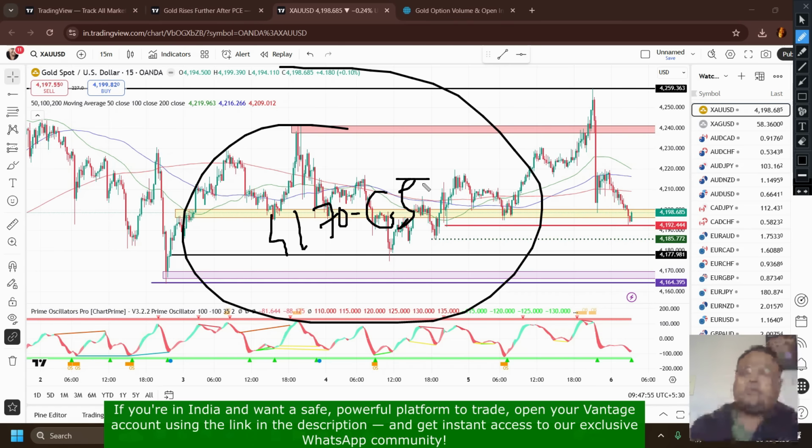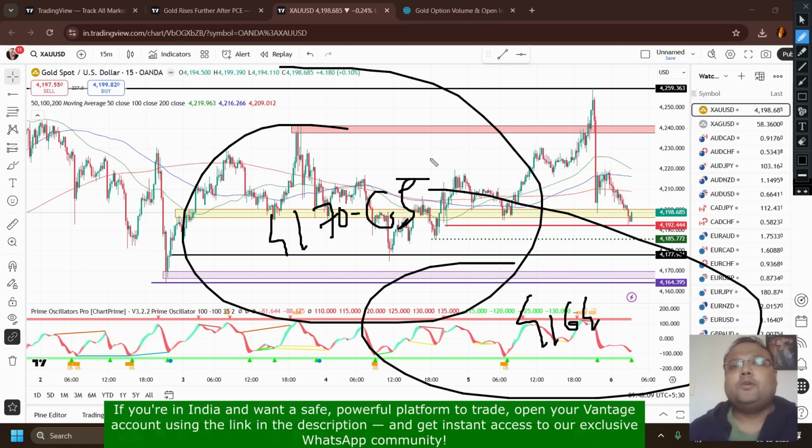It will provide support. I think we should get a good bounce. If not a trend reversal, at least we can expect a bounce of 100 to 150 pips. Later on, if the market breaks 4164, we can look for a sell below it. But initially, I personally feel that we have a chance of buying around 4170-65.